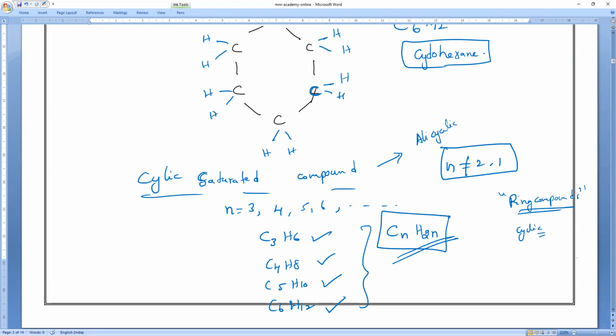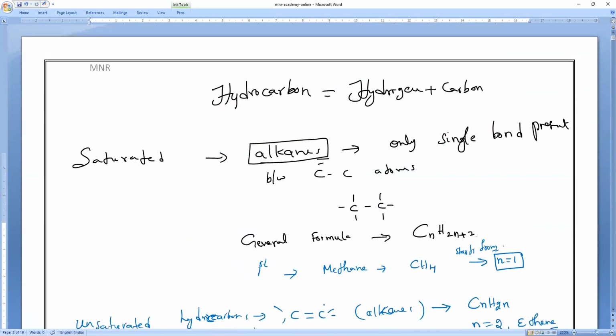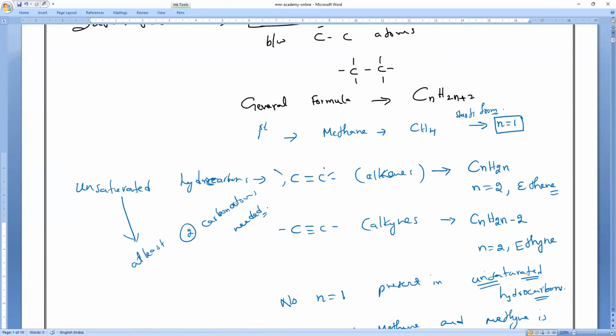or we can say closed chain compounds. But what we studied before, alkanes, alkenes, and alkynes, are basically called acyclic, or open chain, or aliphatic compounds.